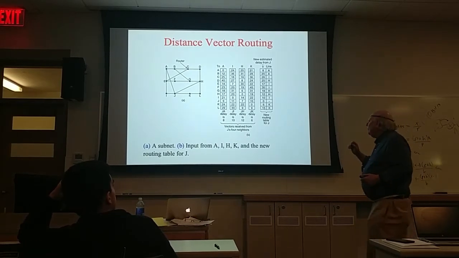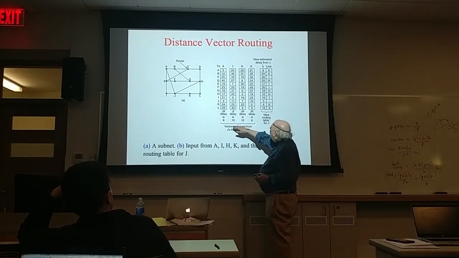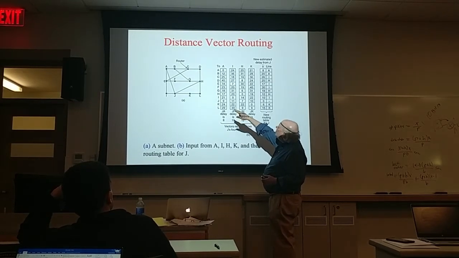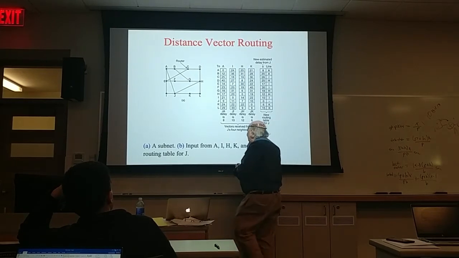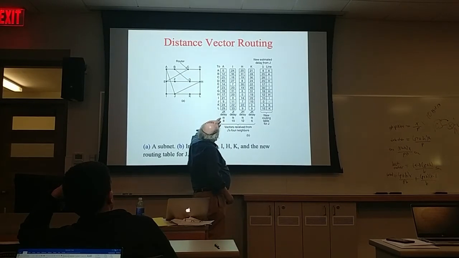All right, so what are we going to do when we get these vectors? These are the 4 vectors that J received from his nearest neighbors. So J gets one from A, from I, from K, and from H. And he says, okay, what's my distance? My JA delay is 8.